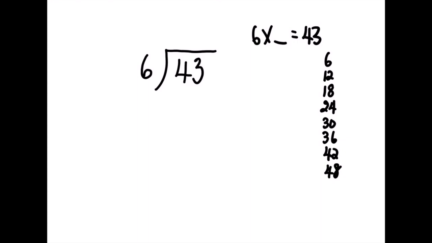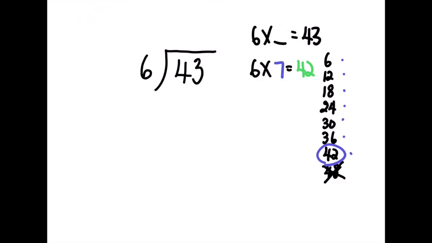So 48 is too much, so we can't use that, which means 42 is our answer. So 6 times 7 equals 42, right? 1, 2, 3, 4, 5, 6, 7.